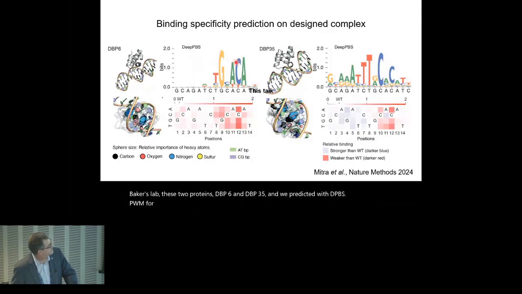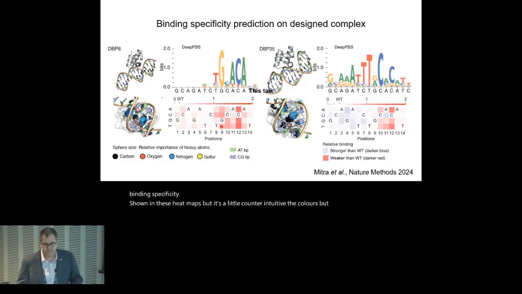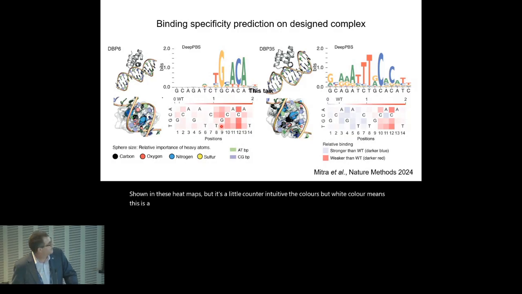And David Baker's lab measured the binding specificity shown in these heat maps. So it's a little counterintuitive, the colors, but white color means this is the preferred nucleotide at the position along the double helix.